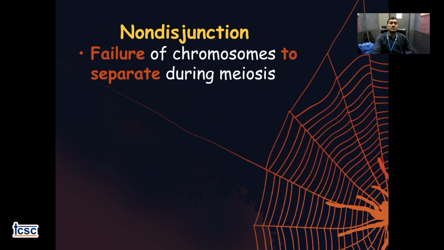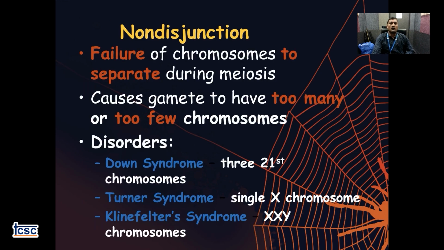Now, non-disjunction is the main reason behind mutations, right? So what is meant by non-disjunction? Now you can see here, failure of chromosomes to separate during meiosis. So I hope you are all aware of the terminologies meiosis and mitosis. What is meant by mitosis?